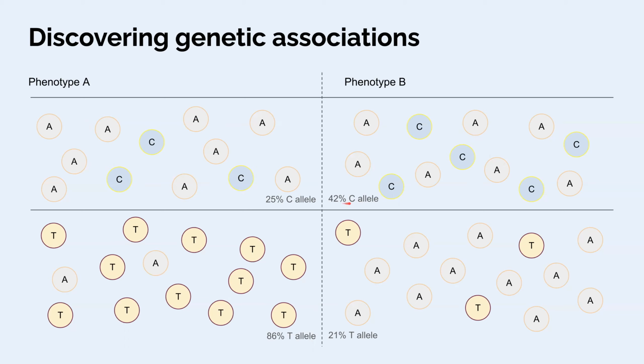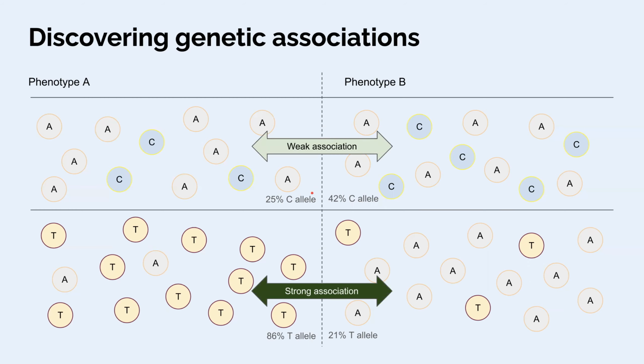So I tallied those up, 42% C's versus A in here, 25% C versus A over here. So we have maybe a little bit more C in the phenotype group on the right, but it's what I would consider a weak association.